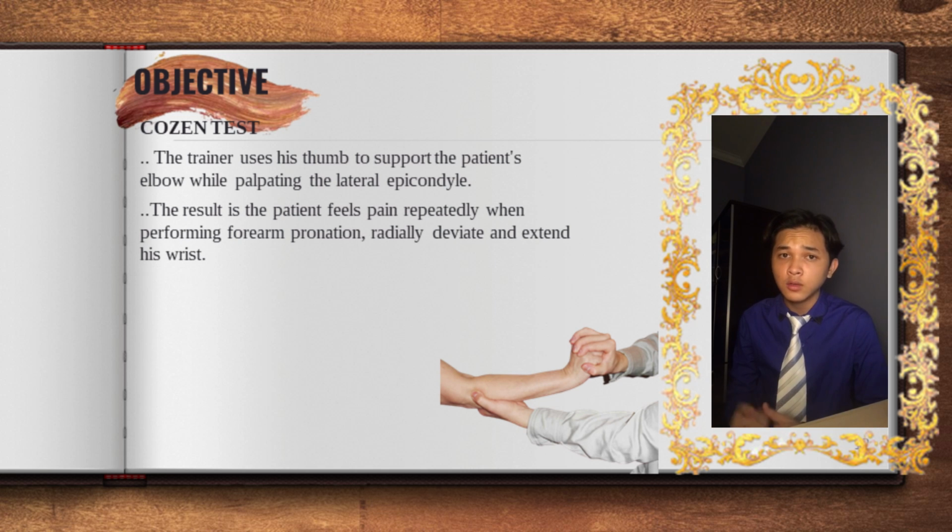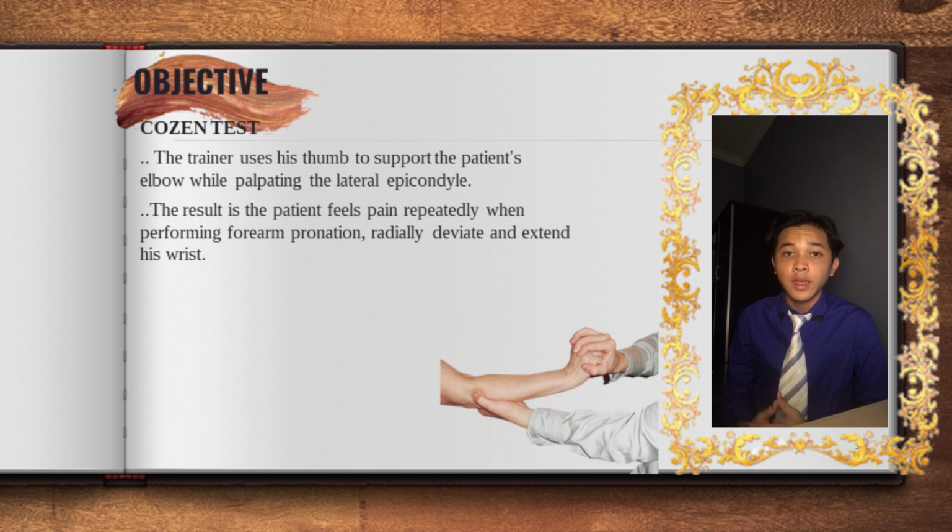The Cozen test, also known as the resisted wrist extension test or resistive tennis elbow test, is used to determine if you have lateral epicondylalgia, also known as tennis elbow. The trainer uses his thumb to support the patient's elbow while palpating the lateral epicondyle.